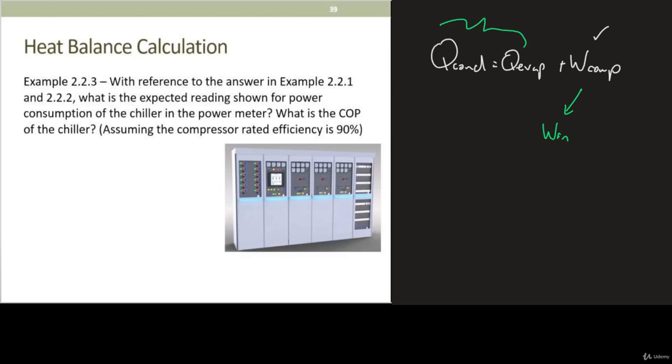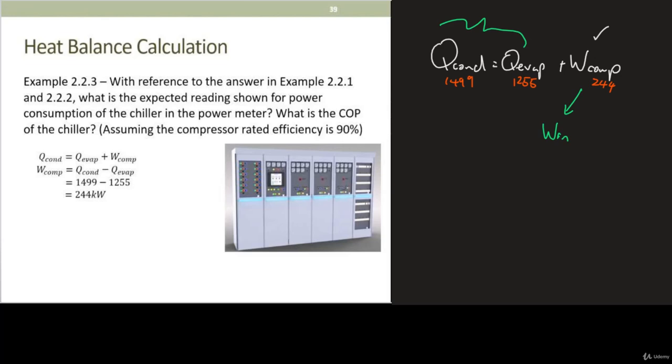It is the amount of energy you actually consume from your grid itself. So first, if you want to find WCOM, you need to take your Q condenser minus Q evap. Initially your Q evap is 1255. If you subtract them, you will realize your WCOM is 244 kilowatts.